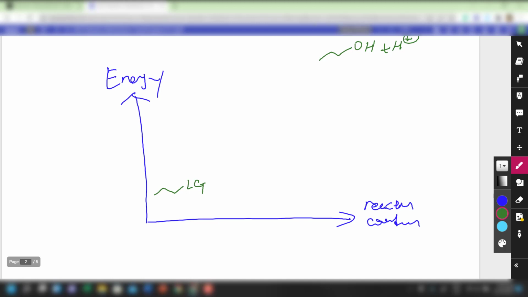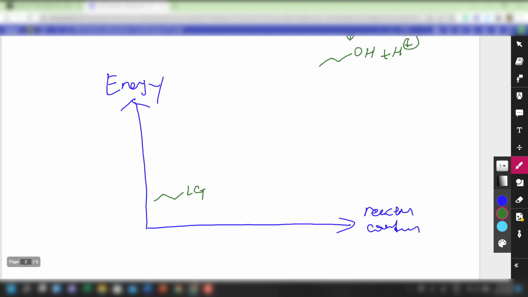Then if I allow nucleophilic substitution to take place with the iodo, it will probably look something like this. The profile diagram will go up, and then it will come down like this. This is the one where I'm going to get iodo here, plus the leaving group.